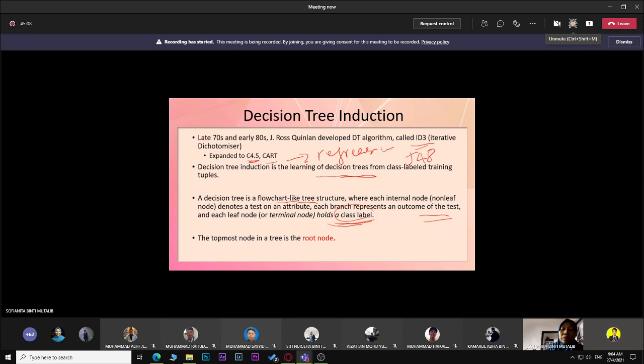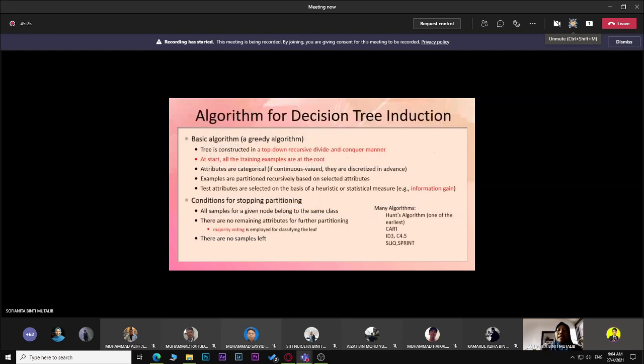So the important parts here: the tree will have a root, definitely the topmost node. And as I mentioned just now, the tree is a greedy algorithm. A greedy algorithm applies what we call divide and conquer.